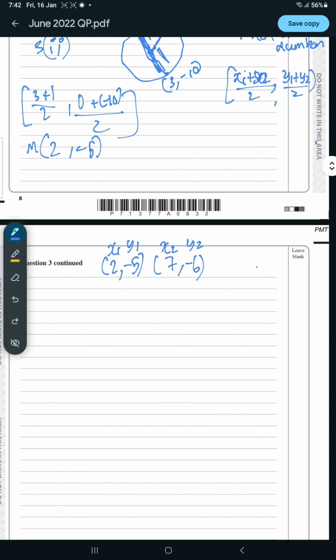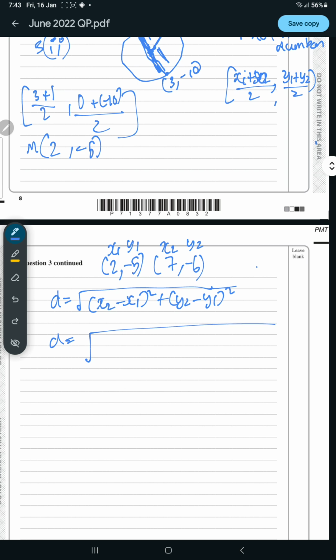You have to use the distance formula: the square root of (x2 minus x1) squared plus (y2 minus y1) squared. So the distance is going to be the square root of (7 minus 2) squared plus (-6 minus -5) squared. If you substitute this in your calculator, this is going to give us a distance of root 26.